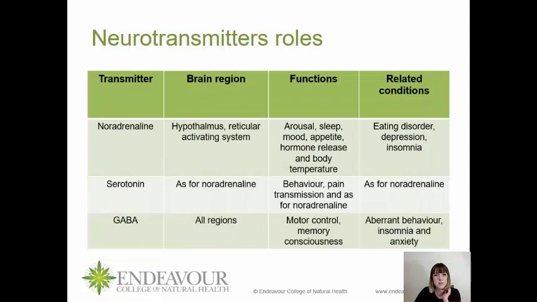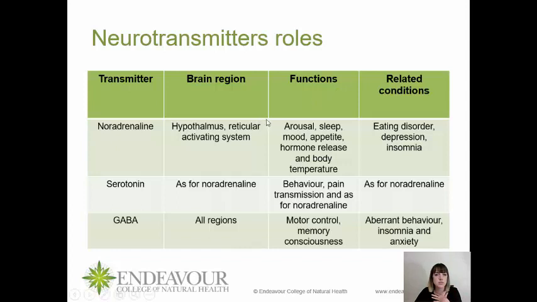Noradrenaline, we find again within the hypothalamus, that link between our autonomic system and the higher areas of the brain. It controls our autonomic nervous system and influences many of our behaviours, particularly as they relate to things like feeding and thirst and that sort of thing.